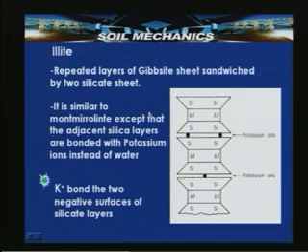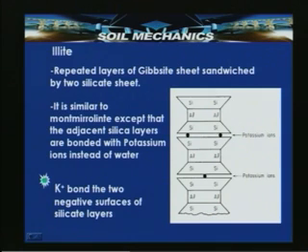The third clay mineral we introduced today is illite. Illite is nothing but repeated layers of a gibbsite sheet sandwiched by two silicate sheets. It is similar to montmorillonite except that the adjacent silicate layers are bonded with potassium ions instead of water.